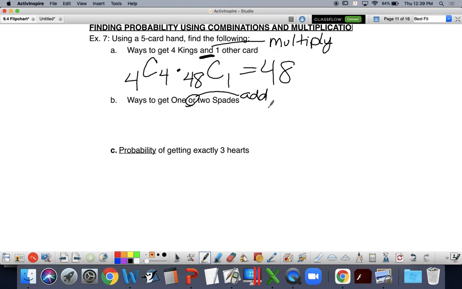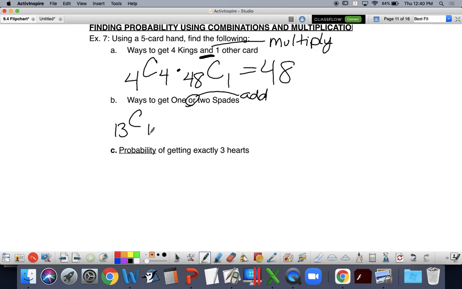So I've got to think about, right, it's a 5-card hand. Let's talk about first if I want to get just 1 spade. How many spades are in the deck? 13. And I want 1 of them. But I've got to talk about all the other ways to get the other 4 cards.